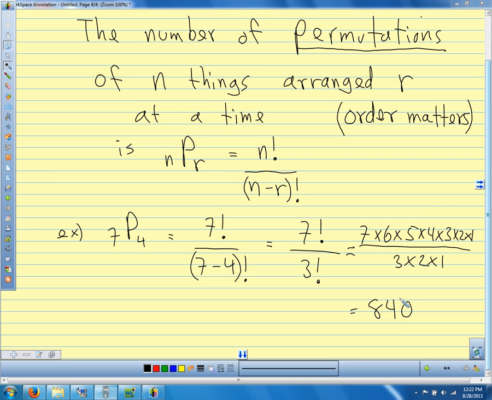So your batting lineup, someone's first, second, third, fourth. Changing that batting lineup changes what that thing is. So we're not talking about just a group of people. We're talking about putting them in a specific place in that order. So permutation, when we said order matters, it's when we're arranging that smaller group so that if we change the arrangement, it makes it into a different thing.